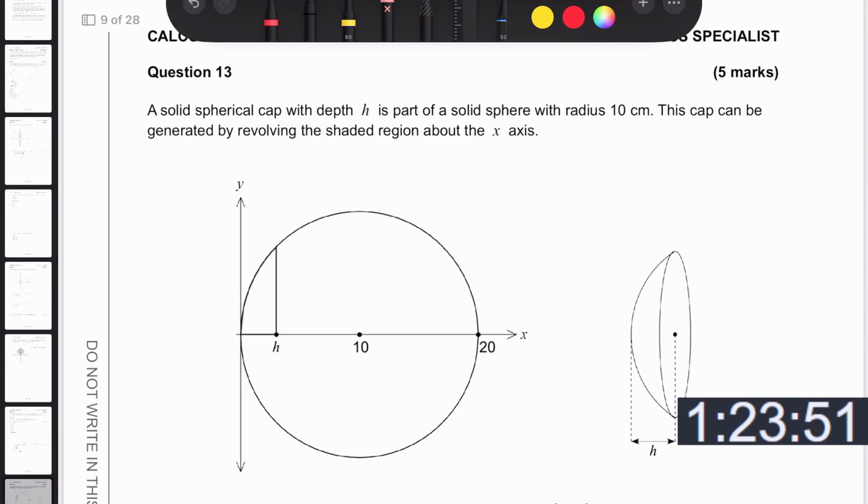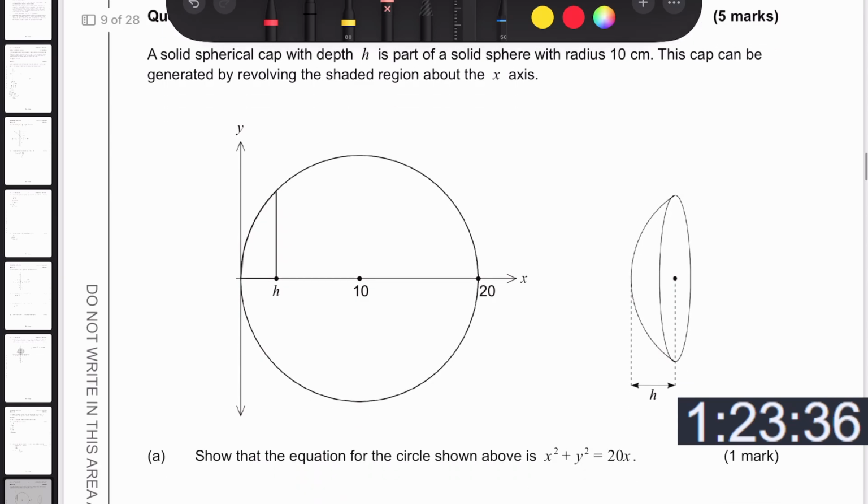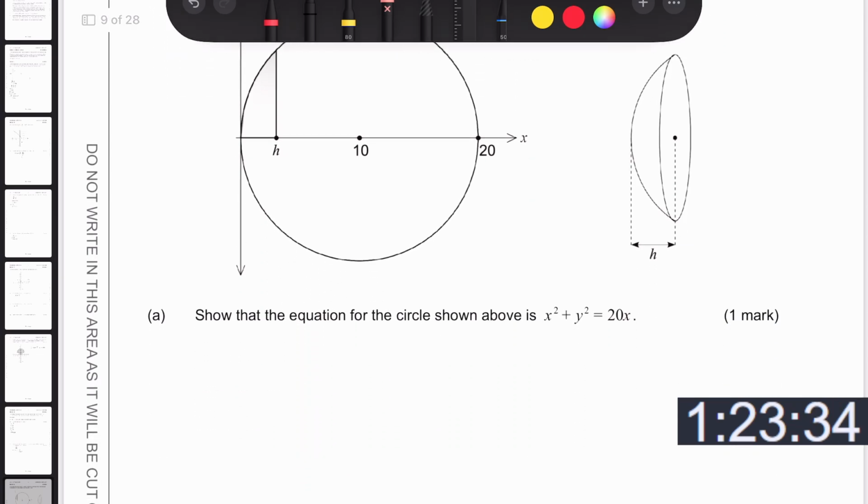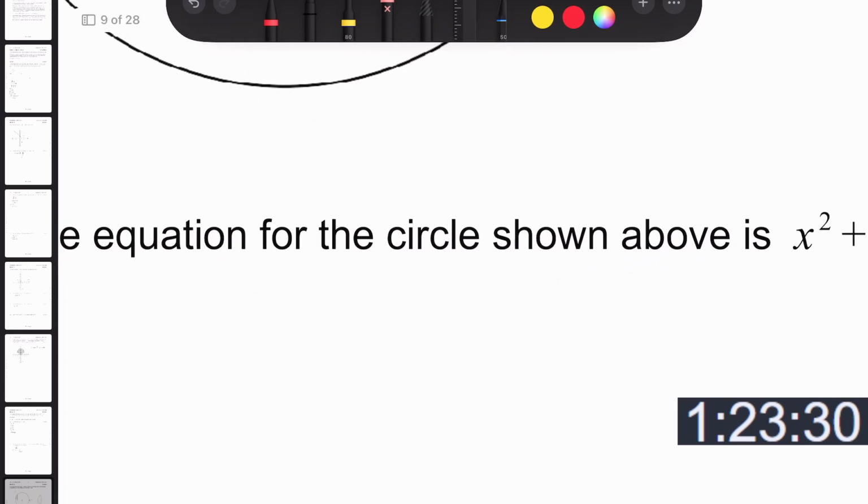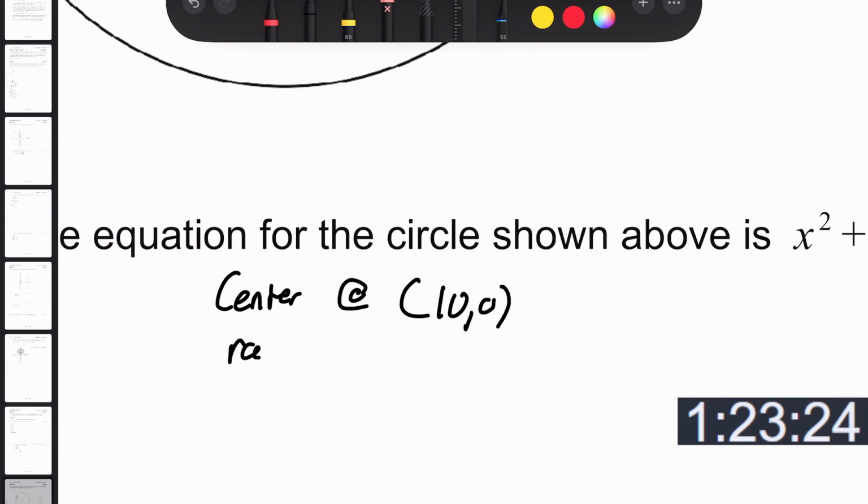A solid spherical cap with a depth of h is part of a solid sphere with a radius of 10 centimeters. This cap can be generated by revolving the shaded region around the x-axis. Show that the equation for the circle above is x squared plus y squared equals 20x. So center at (10, 0) with radius equaling 10.